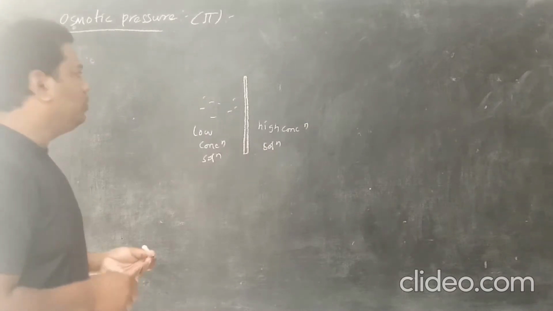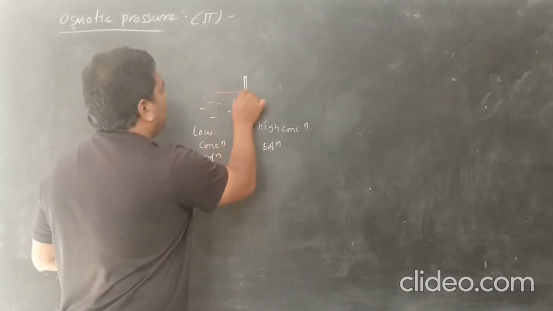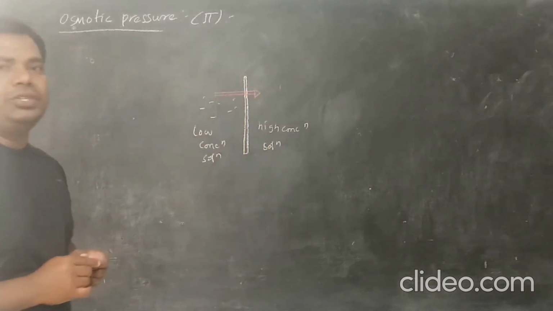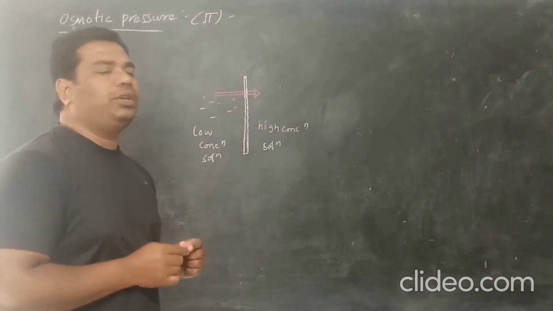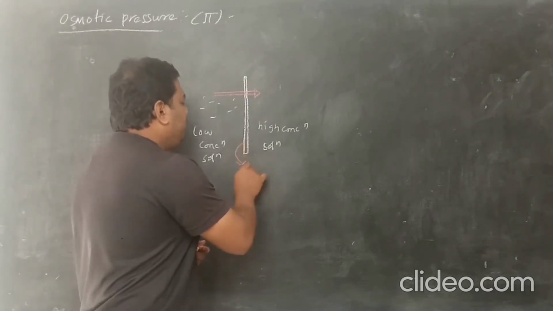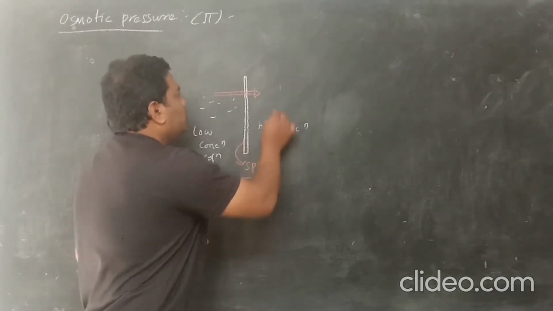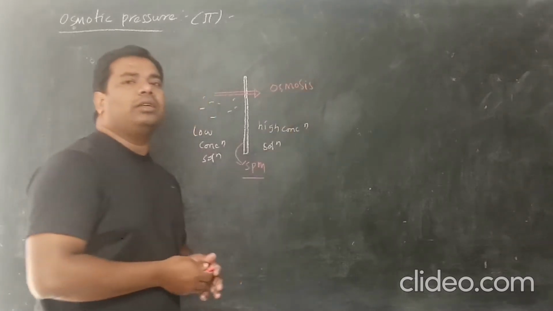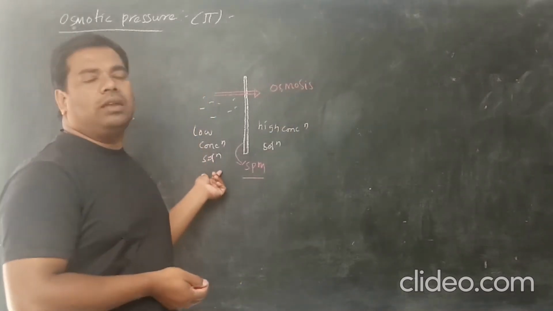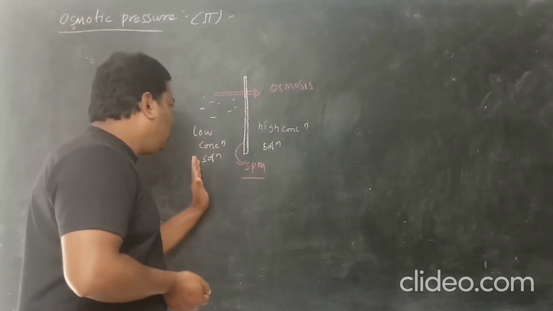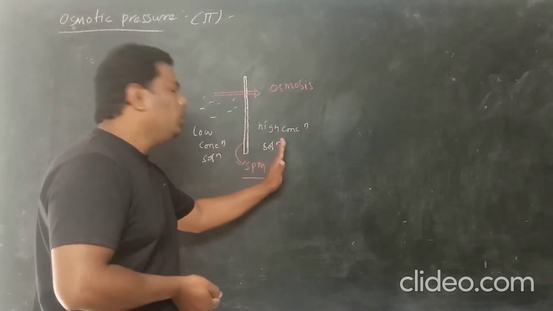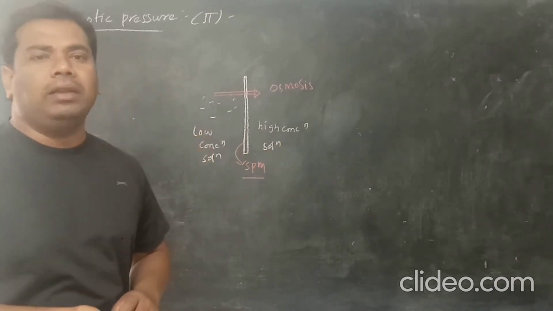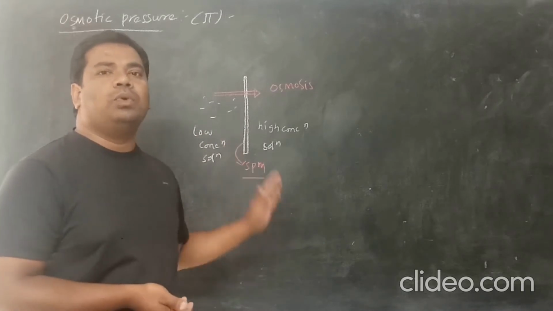The flow of solvent molecules from low concentration region to high concentration region through a semi-permeable membrane we call osmosis. So osmosis means nothing but the flow of solvent molecules from low concentration region to high concentration region through a semi-permeable membrane.